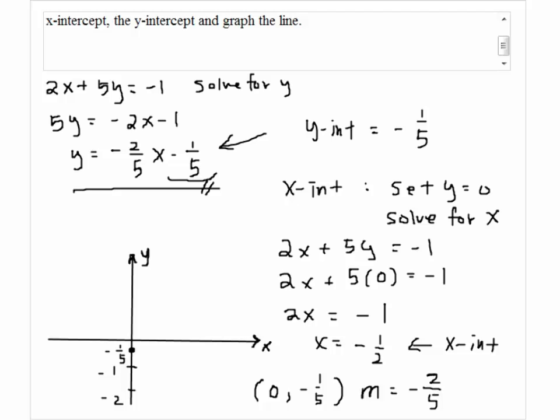So from the y-intercept, we go over by 5 and down by 2 units. And here is your next point. Finally, you connect these two dots and extend the line. And here we have the line of the equation.